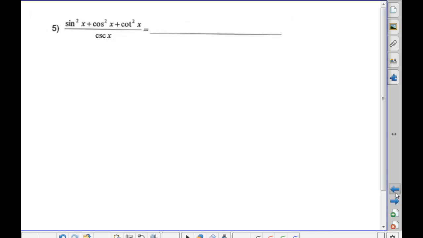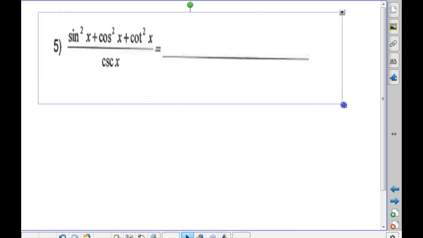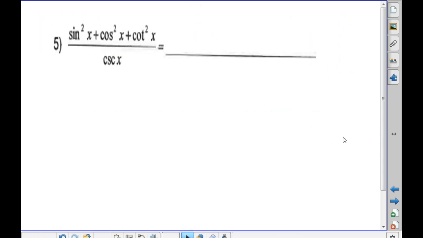Number 5 is also just to simplify. Anybody think they know what we should do with the top? You want to turn cotangent into cosine over sine?